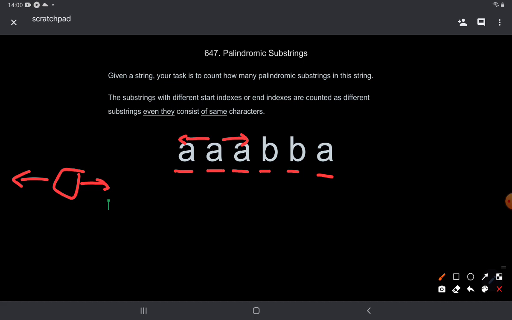So then when we move to the next character, again we can expand. From this A we could go this way and this way, but these are not same, so this cannot be a palindrome. So this way we can keep on moving from character to character and keep on expanding the window to figure out the palindromes. So these would provide me the palindromes of odd length.